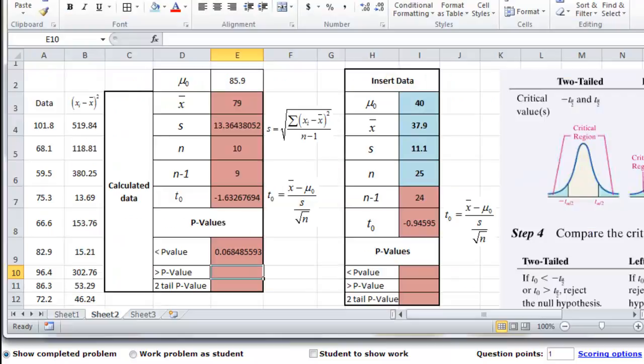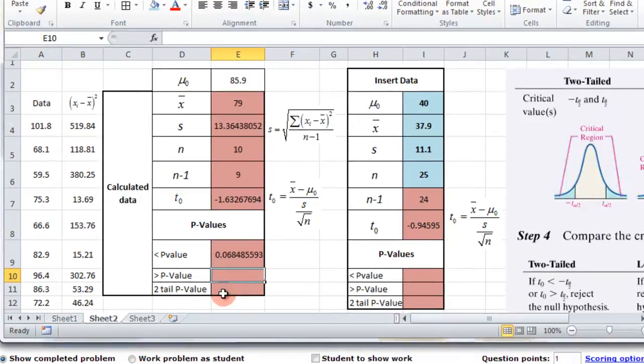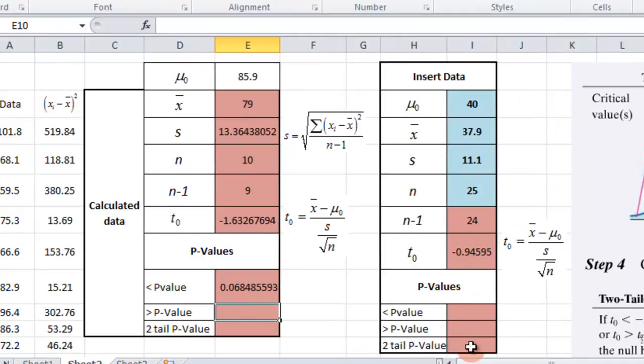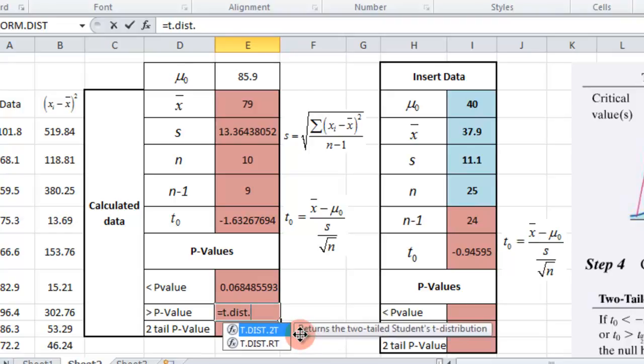All right, let's go back here and just fill in these other values here, and we'll do it for this one as well. It'll be the same thing. So basically, except it's using these values up here. The greater than p-value, if we needed that, it would be equal t.dist, and then it would be the right, rt, and returns the right-tailed portion.